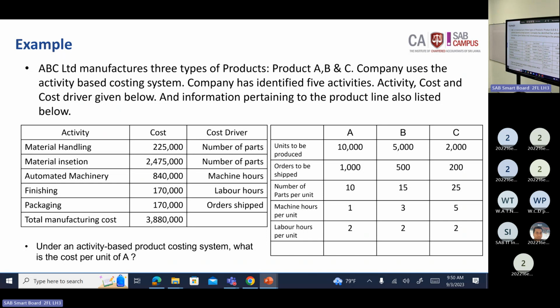Automated machinery 840,000, cost driver machine hours. Finishing, labor hours. Packing, order shipments. The total manufacturing cost has been given to us. Under the activity-based costing system, what is the cost per unit of A?